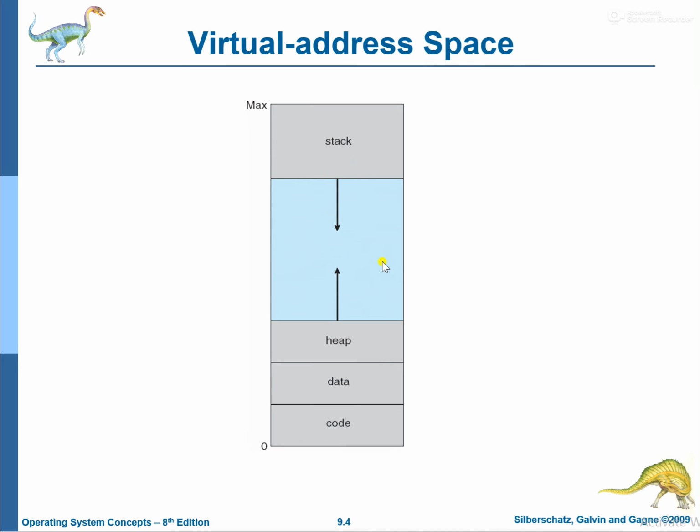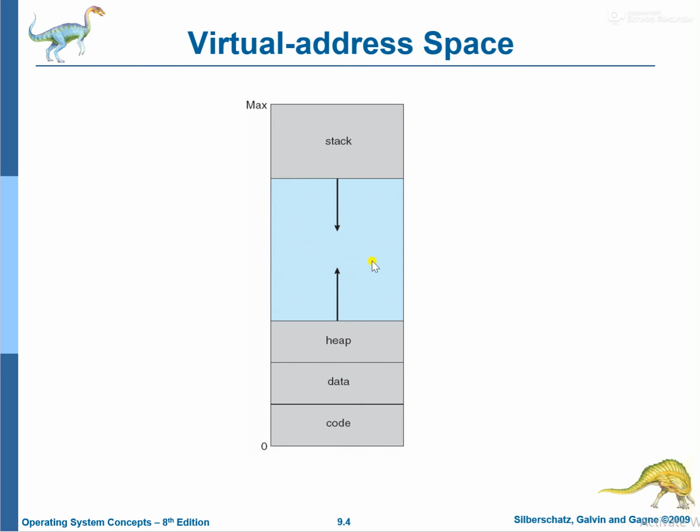If you look here in between the stack and heap, you will see a large blank space, or you can say a hole, and this hole is part of the virtual address space, but it will require actual physical pages only if the heap or stack grows, that is, dynamic memory allocation. This kind of hole is called a sparse address space.